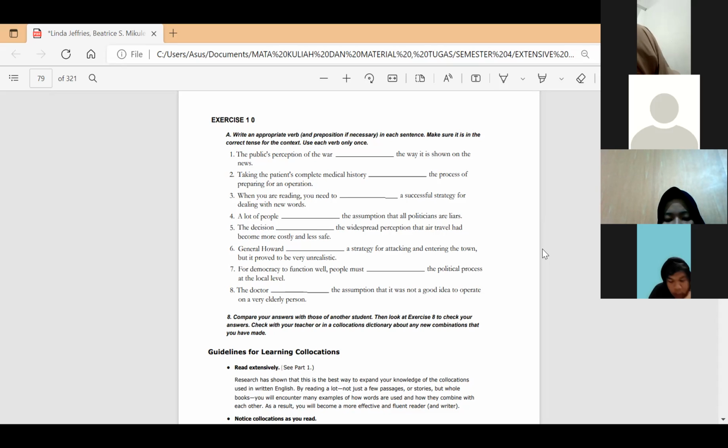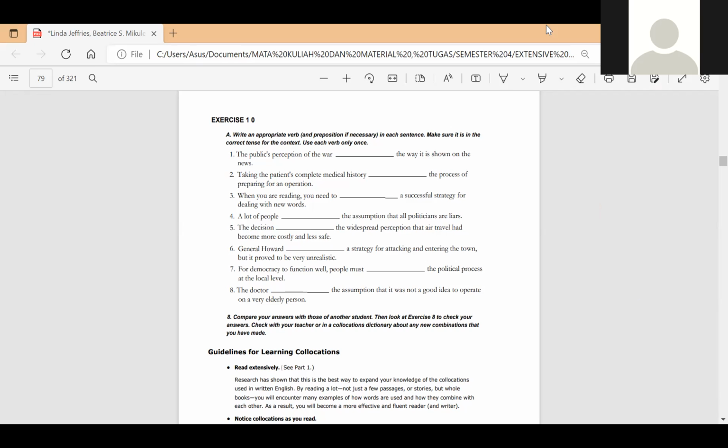Number five, the decision of taking a flight with an airplane, widespread perception that air travel had become more costly and safe. Number six, general homework is one of the strategies for attacking and entering town, but it proved to be very unrealistic. Number seven, for democracy to function well, people must operate the political process at the local level. Number eight, the doctor believed that the assumption that it was not a good idea to operate on a very elderly person. I think that's enough for me.